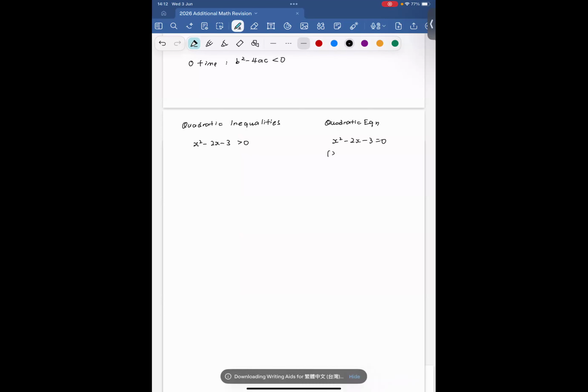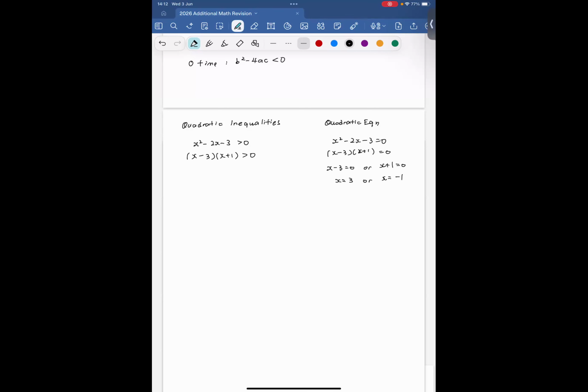To solve the quadratic equation, you just need to factorize. For a quadratic inequality, you cannot just factorize.